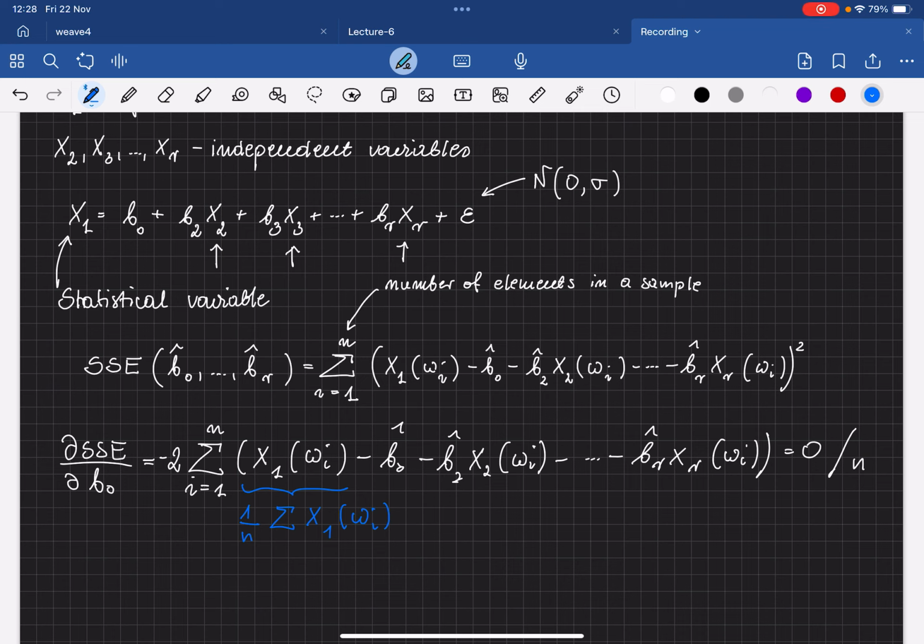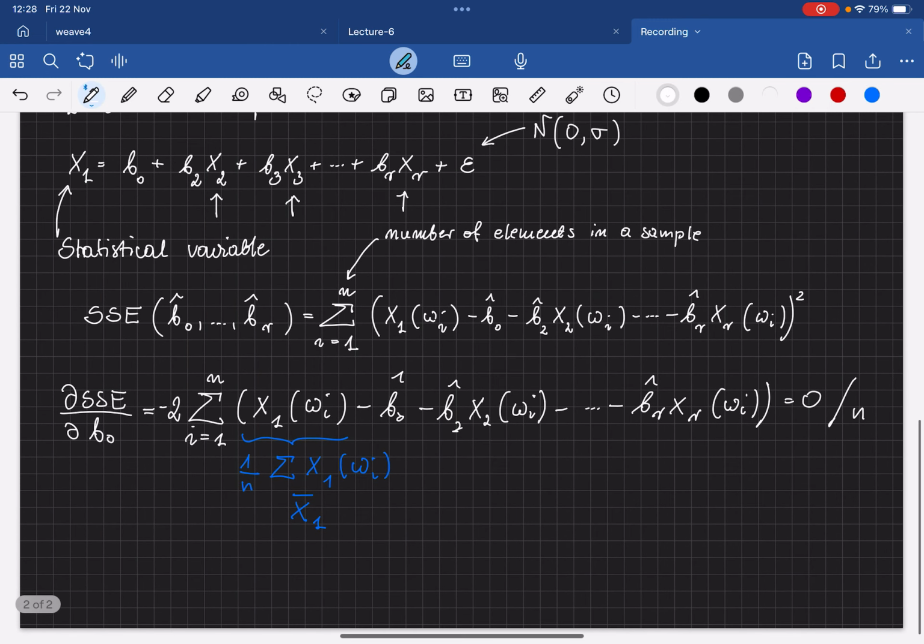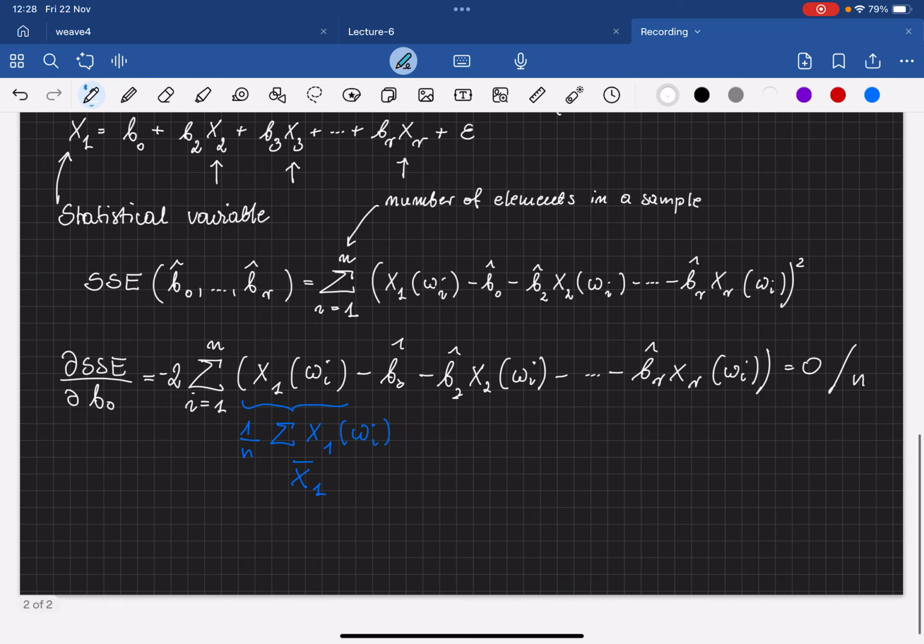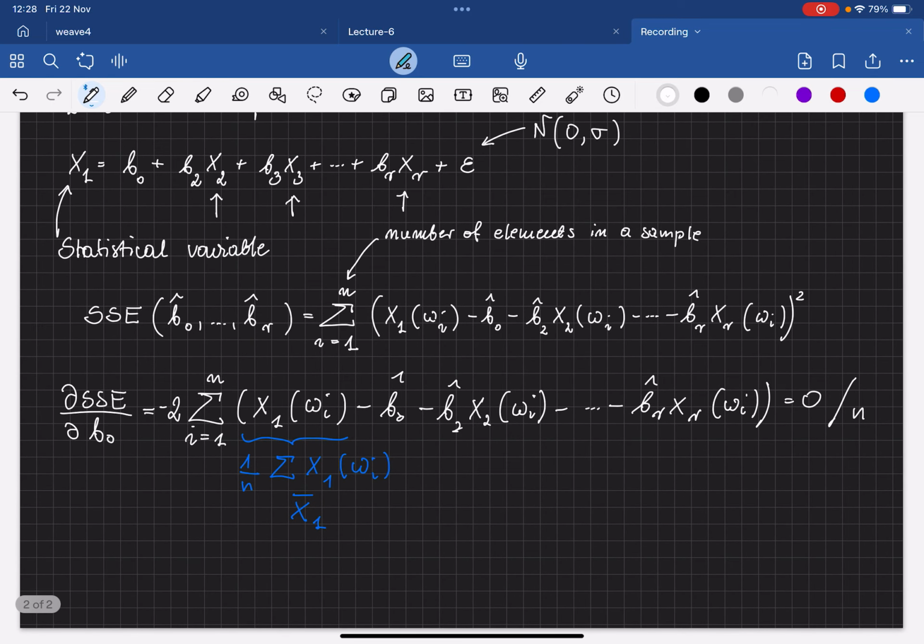So what I get is just the average value of x1 in the sample. And the same happens for other coefficients here. So as a result, I get the following condition.